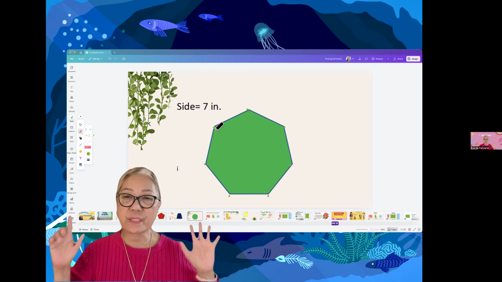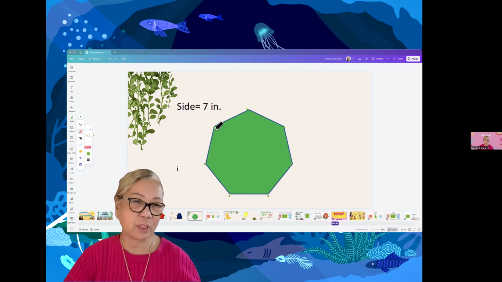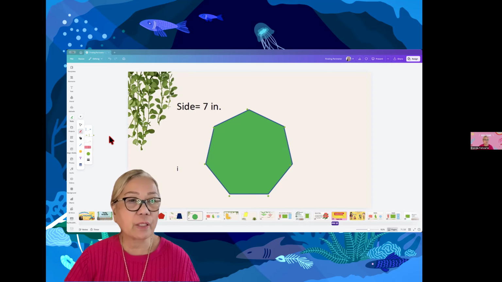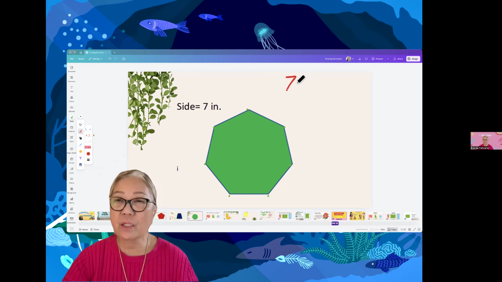So a polygon with 7 sides and 7 corners is a heptagon. Okay, now let's start. If we're going to use multiplication, because all the dimensions are the same, 7 times 7 equals, I don't know. We will see.